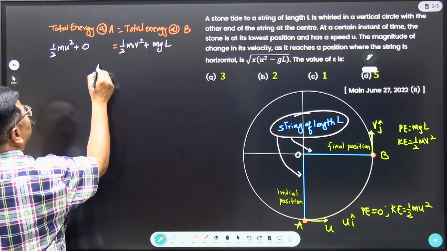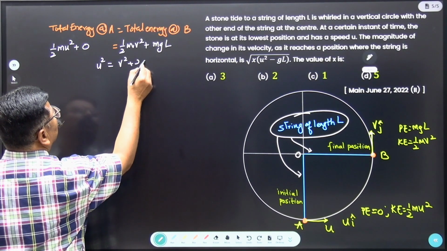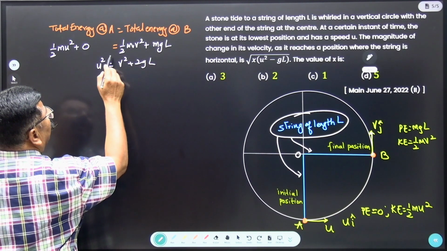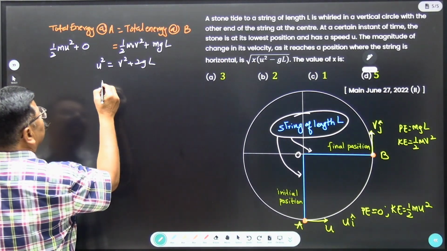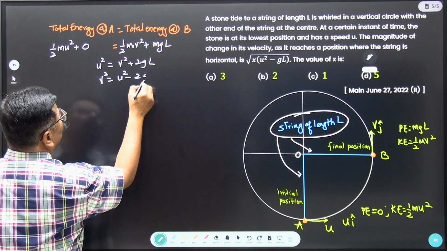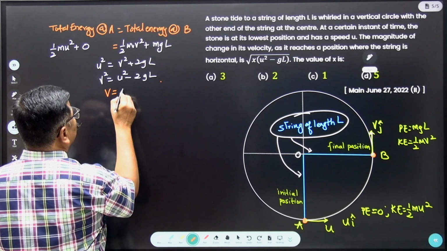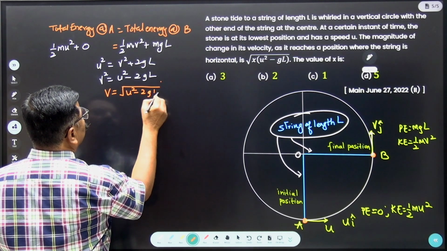Let us simplify this. You will get u square is equal to v square plus 2gl. How? The m will be cancelled here and then we'll have to multiply throughout by 2. So we will get this equation. Hence, v square is equal to u square minus 2gl. So the final velocity v is equal to under root u square minus 2gl.